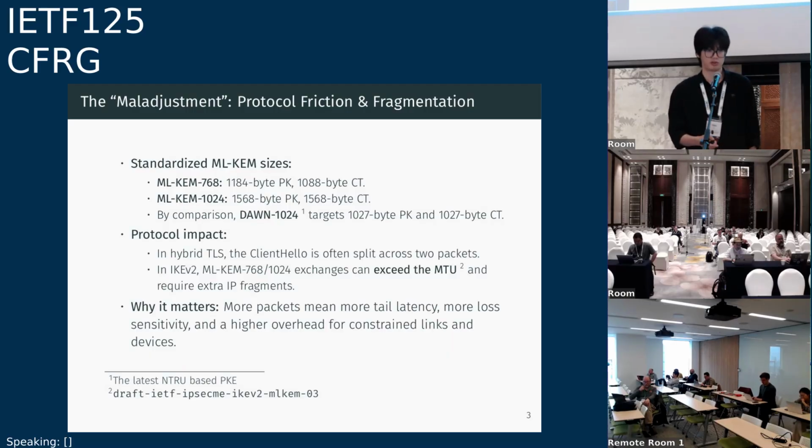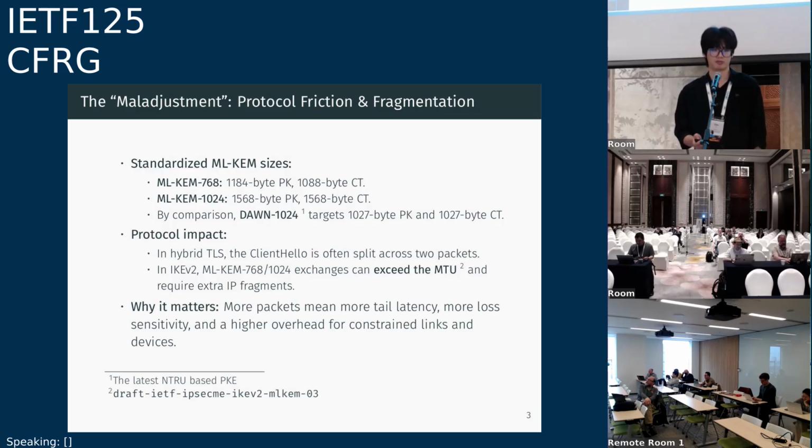We use the same example here for the size of ML-KEM. These two are under third security and fifth security. And we can see that for ML-KEM 768, the public key and ciphertext both exceed 1,000 bytes.